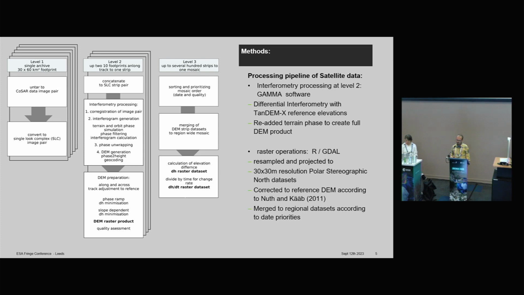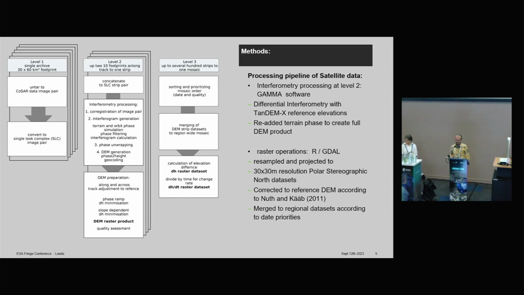After that, we have these strip products that you saw in the slide before, which we are able to mosaic, and we have a mosaicing algorithm that sorts the dating, and I can elaborate on that a little later in the question part.